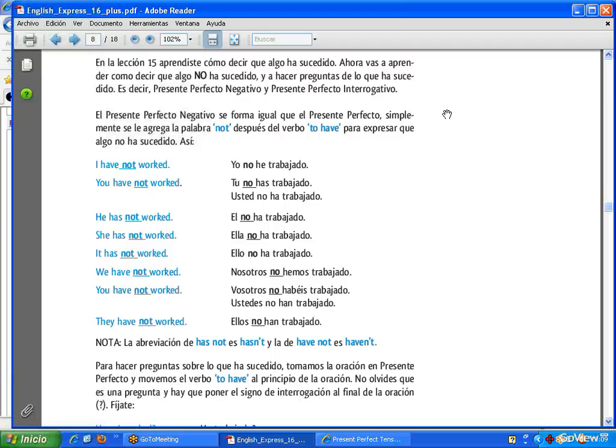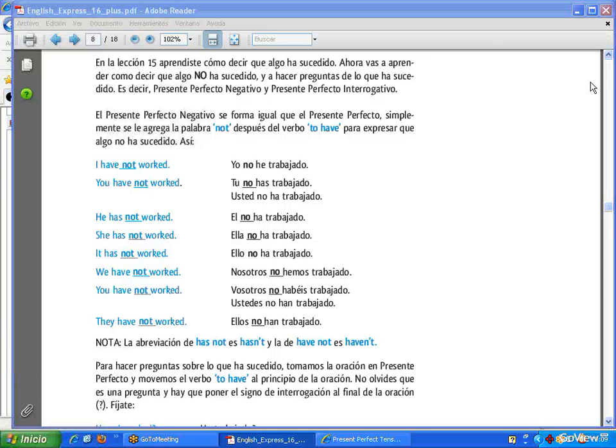Now, what is important at this stage? There are two words in English that are very important that go with the present perfect. And the words are since and for. Since and for. Now, for in Spanish has a lot of different meanings. Para, durante, for a period of time.